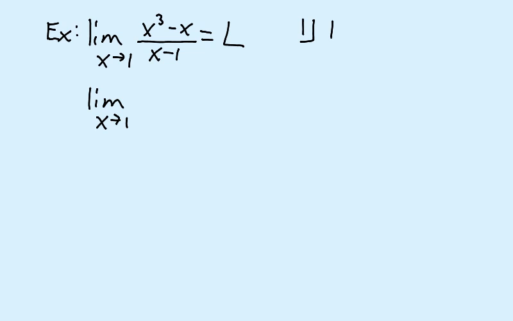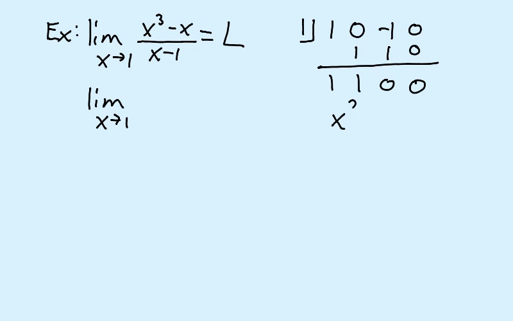So in order to factor this, I'm going to use synthetic division, just to give you a reminder on how it works. So I use my 1. You have to multiply and add going down as you're going across. We can review this in class if you wish. And I get that my remaining function after I've factored out x minus 1 will be x squared plus x.